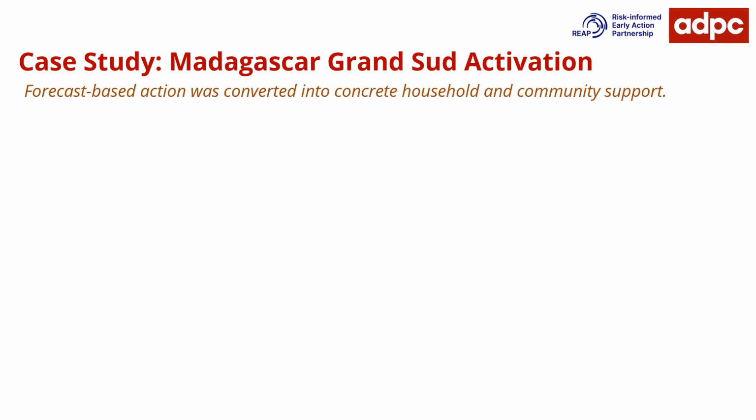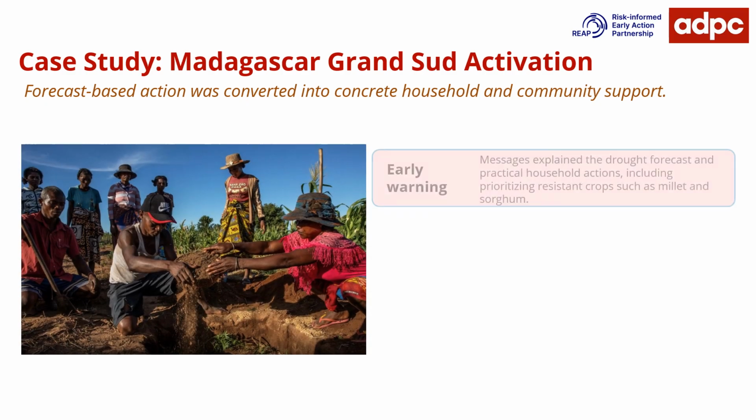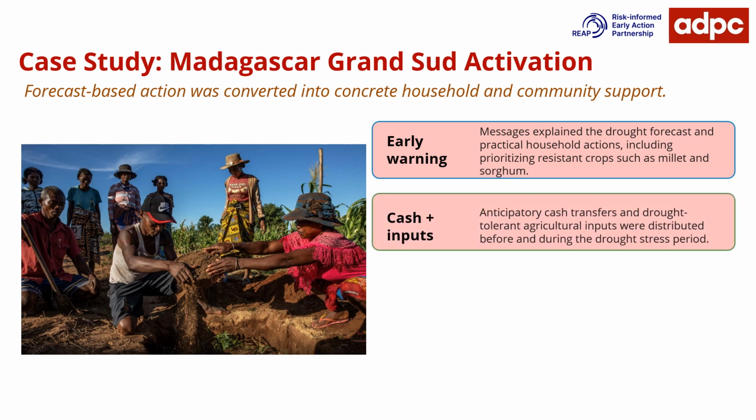Forecast-based action was converted into concrete household and community support, across 4 areas. Early warning. Messages explain the drought forecast and practical household actions, including prioritizing resistant crops such as millet and sorghum. Cash plus inputs. Anticipatory cash transfers and drought-tolerant agricultural inputs were distributed before and during the drought stress period.